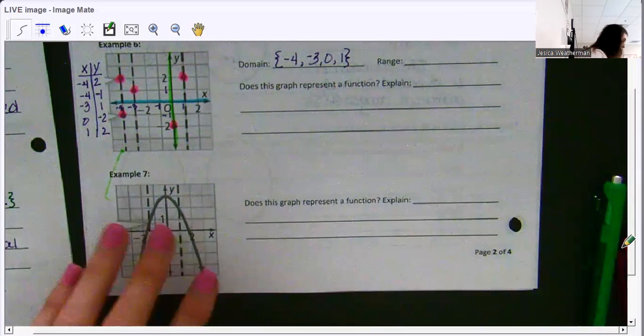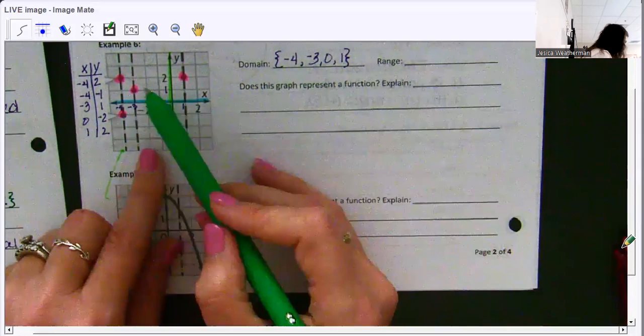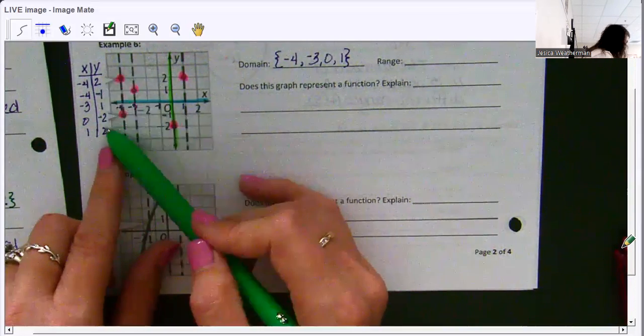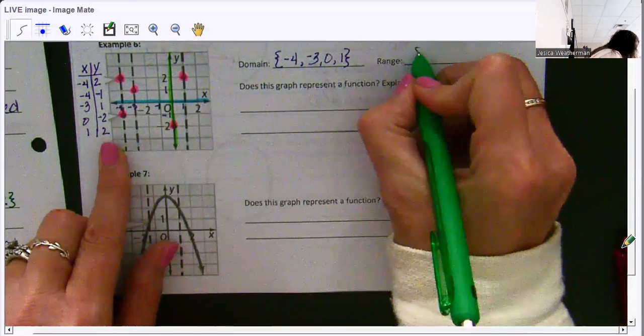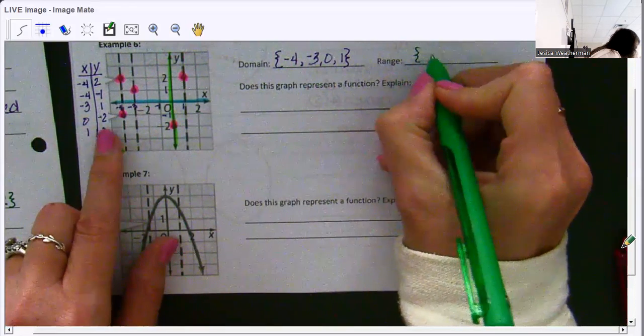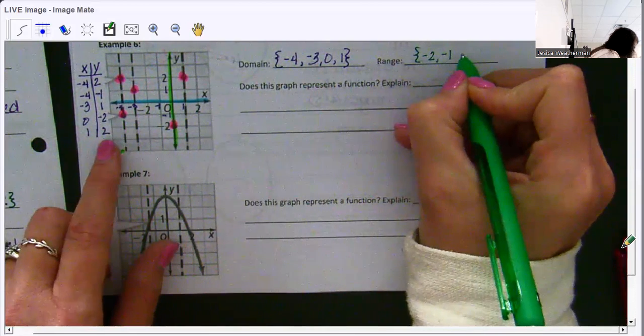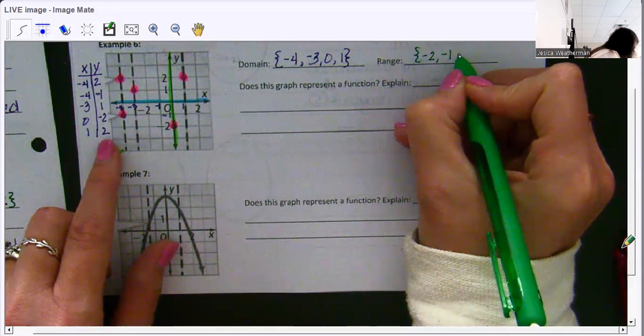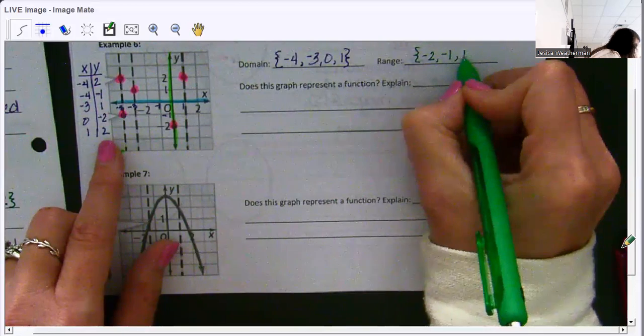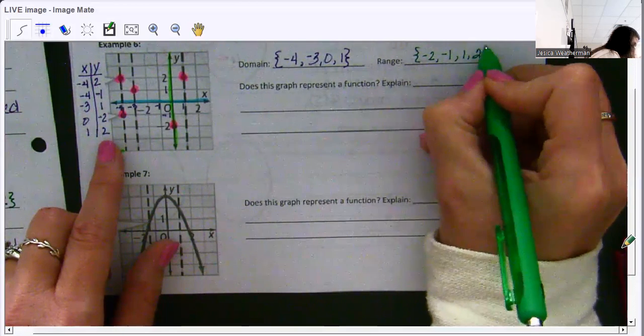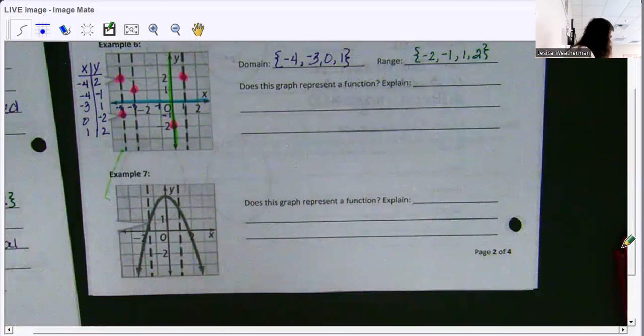Then let's go over to our range. Now our range is not in order, so we need to make sure we put that in order. We have a -2, a -1, a 1, and a 2.